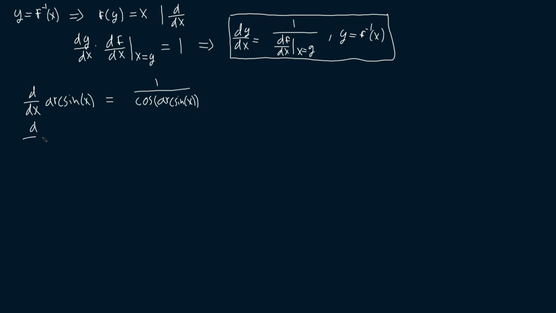Then the derivative of arccosine of x with respect to x is equal to 1 over the derivative of cosine with respect to x, which is minus sine of x, but evaluated at arccosine of x.